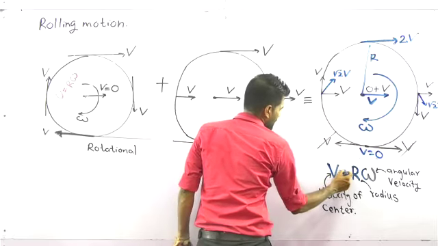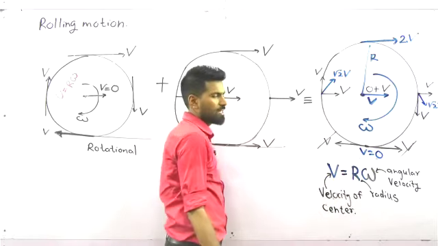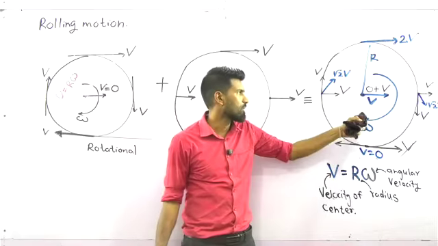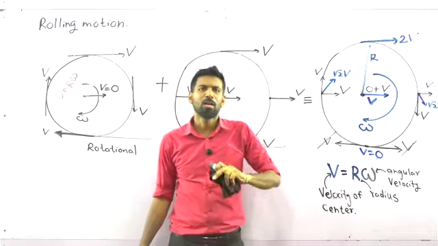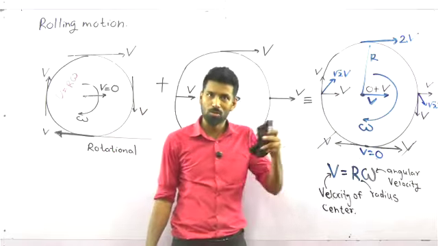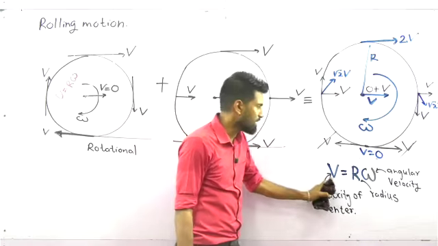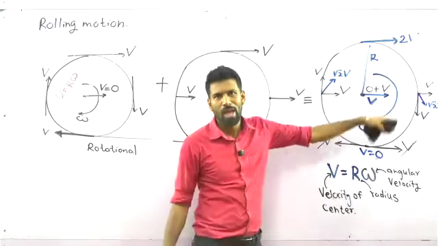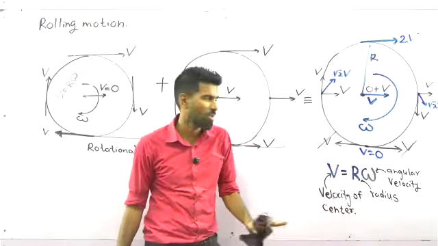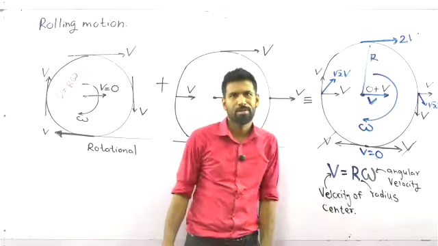Don't mess it with the previous one. Velocity in the center in a rolling is equal to r omega. When the object is moving from one place to other, while rotating, it's rolling. In a rolling, the velocity in the center is equal to r times angular velocity. Okay, it's not the previous equation, even though it has the same symbols.